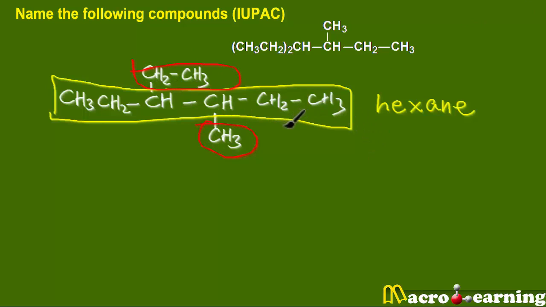So what about the numbering? Now this is another example where the numbering is decided by the alphabetical order, actually. Because ethyl has higher alphabetical order than methyl, ethyl gets to keep the lowest number.